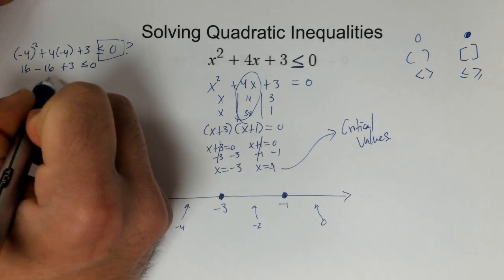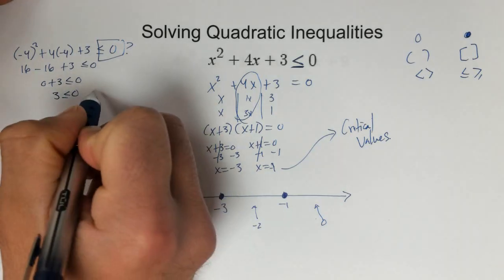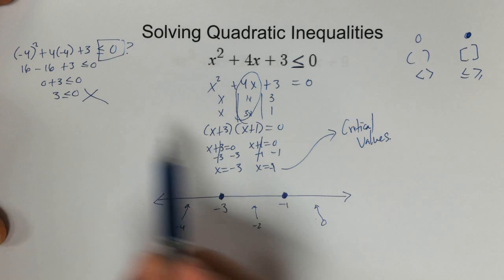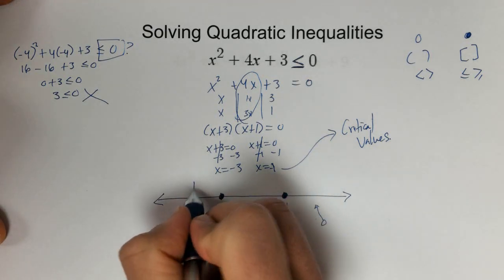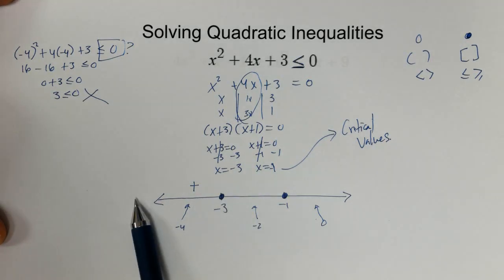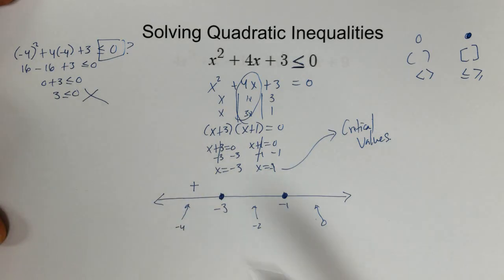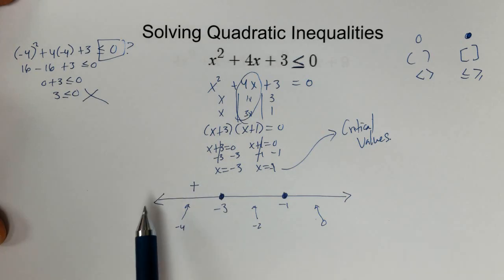Well, 0 plus 3 is not less than or equal to 0. I got a positive number, and I was looking for less than 0, so I was hoping for a negative value. So no matter what number I plug in from this range, I'm always going to end up getting a number greater than 0, which does not satisfy my condition. So I'm not going to shade this region.